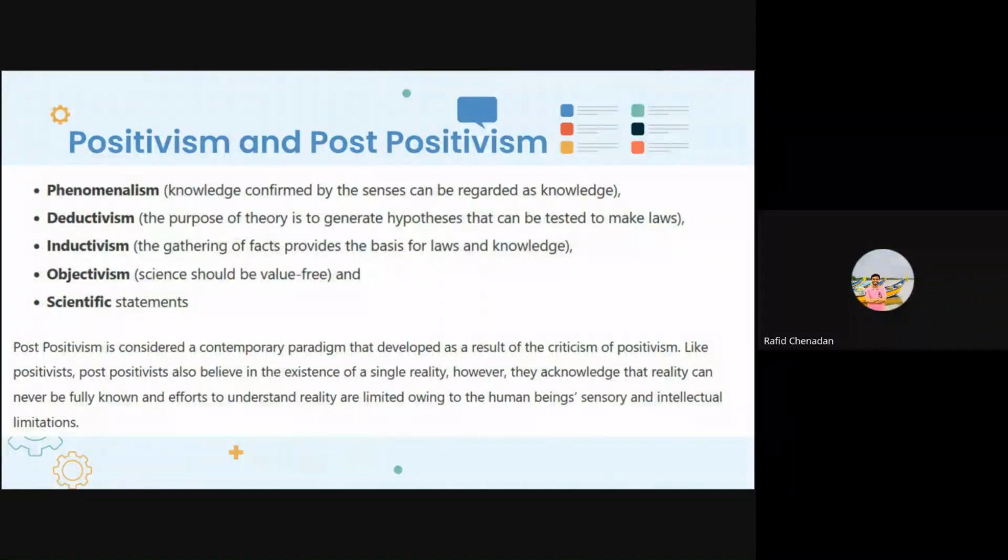In induction, you are coming from specific to general. A famous example of induction is you say that you only see black crows, right? Has anybody ever seen a white crow? No, right? So all the crows that we see around us are black. Then we are making a general statement that all crows are black.